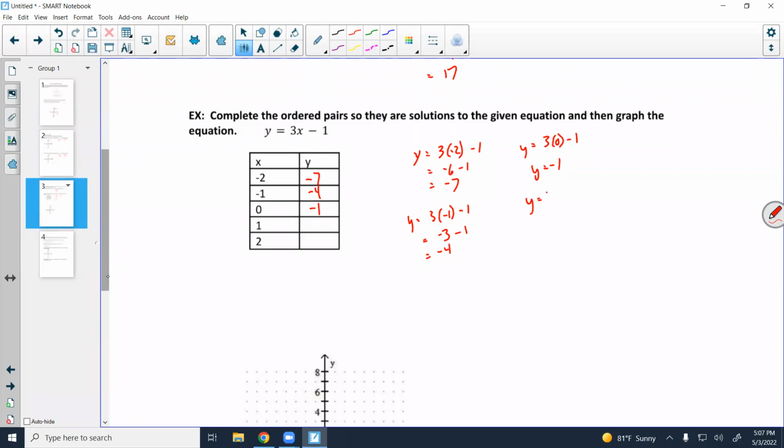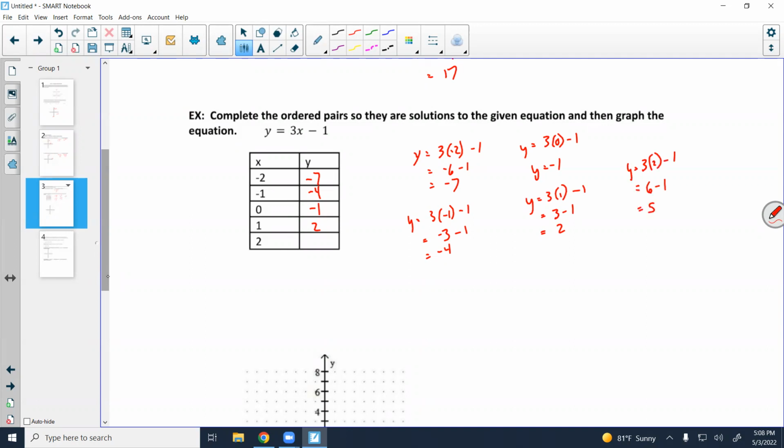We have y equals 3 times 1 minus 1. 3 minus 1, which is 2. And then y equals 3 times 2 minus 1. 6 minus 1, which is 5.